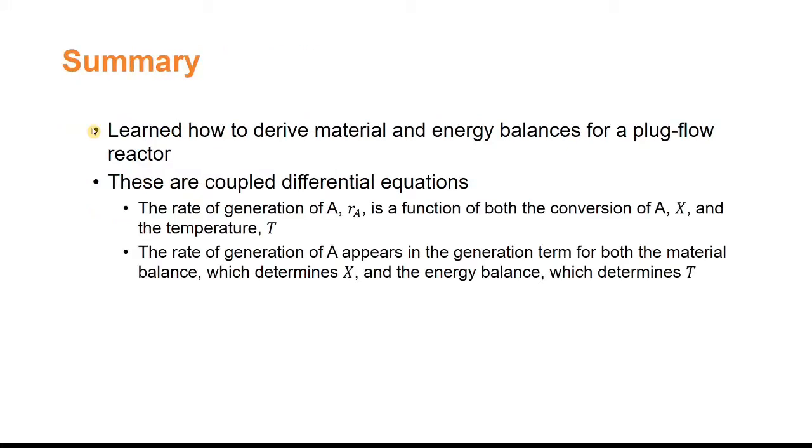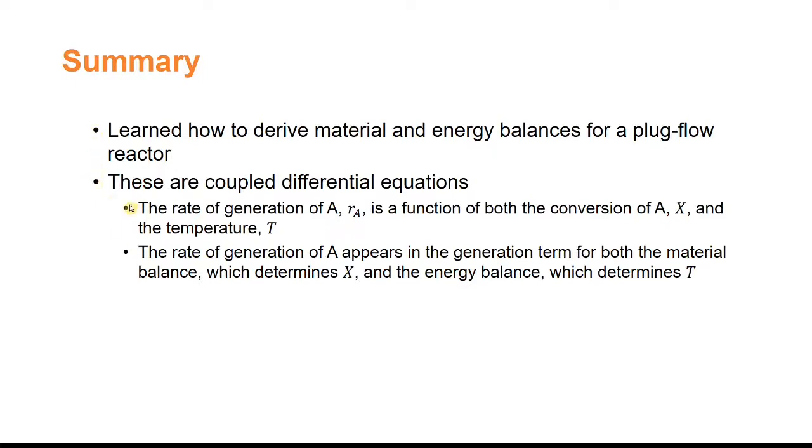To summarize, in this lecture, we learned how to derive the model equations for a plug flow reactor that describe how the conversion or composition and temperature change along the length of the reactor. We derived the model equations from the material and energy balances.